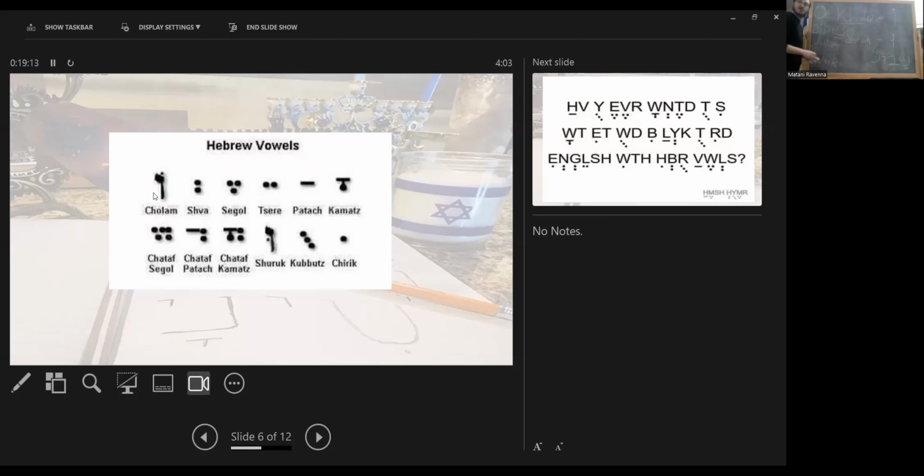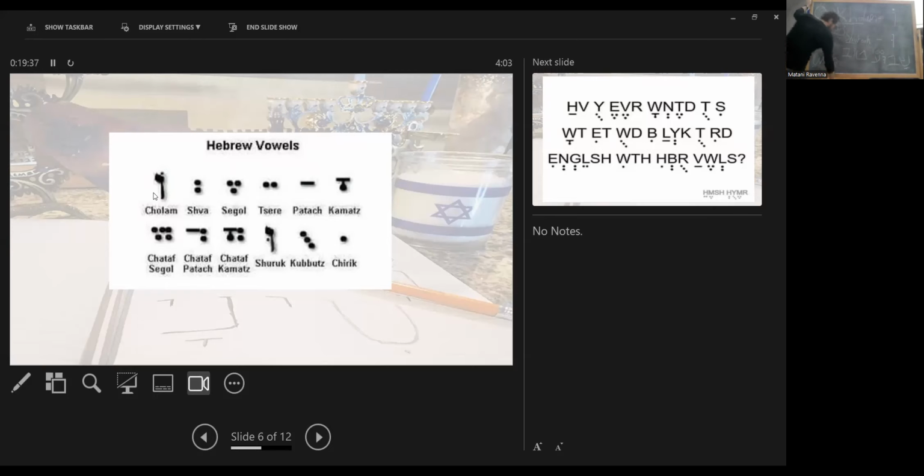Shavuotov. Good week. It gives us both versions of the vowel. We see the cholam here and the shuruk here.